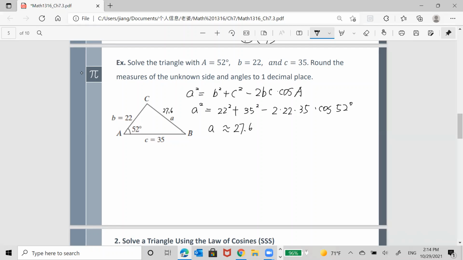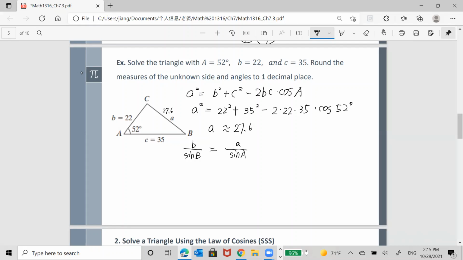So that means B, that's 22 over sine B equals, so this angle is given, this side is given. So I can put A over sine A, and then plug in all the information.